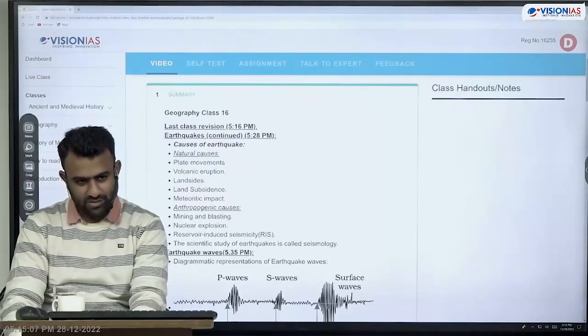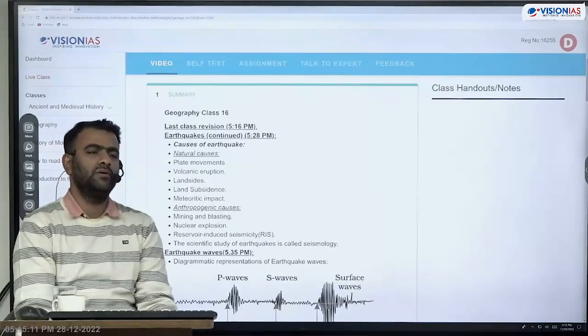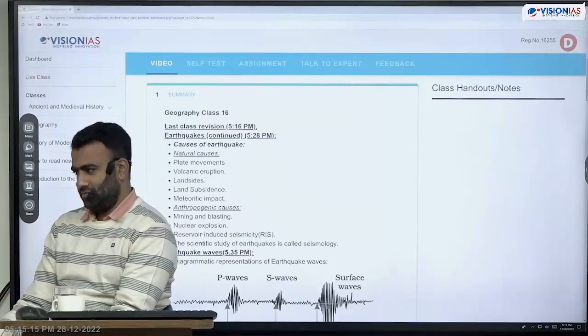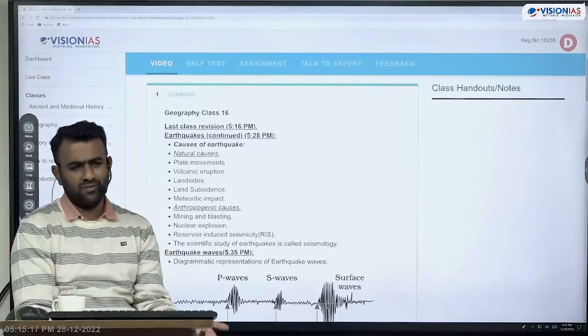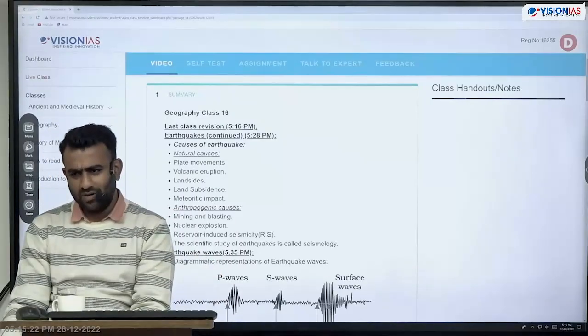Intensity is subjective, magnitude is objective. Intensity varies from one place to another, but magnitude, we cannot say it remains the same, magnitude is measured actually at the focus only.